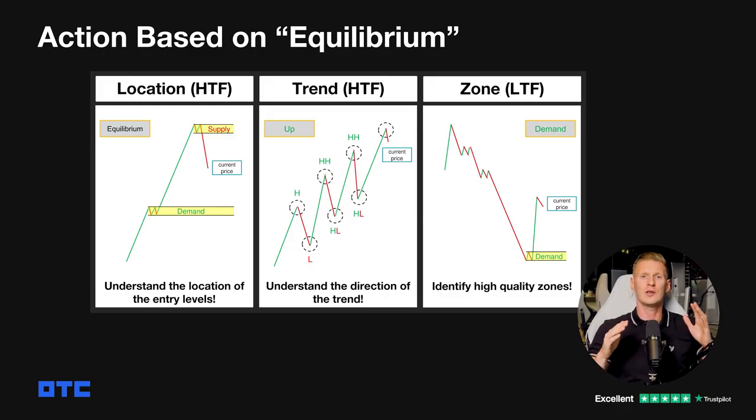If we now wanted to set this lower time frame demand zone, it's essential to evaluate two key factors. Profit margin: since the LTF demand zone is positioned in the equilibrium, the profit margin is medium. It's not as favorable as trading from a low location, but it still offers a reasonable opportunity as the price has a potential to continue higher in alignment with the HTF uptrend.